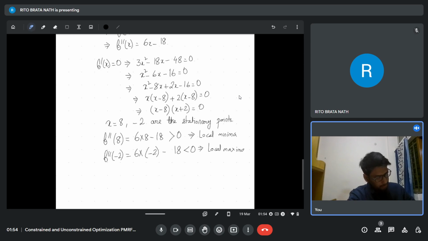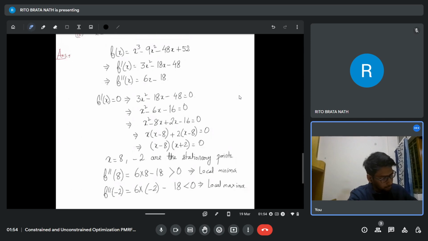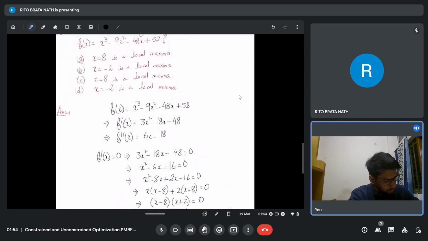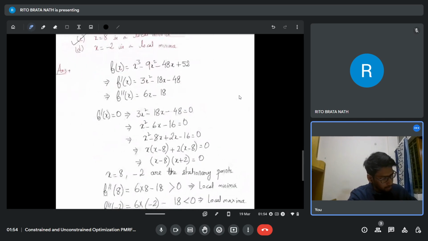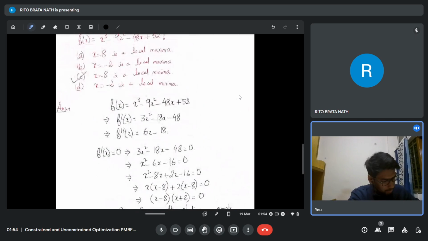So let me see which options are correct. 8 is local minima, so option C is correct, and minus 2 is the local maxima, so option B is correct. So the answer is option B and option C.